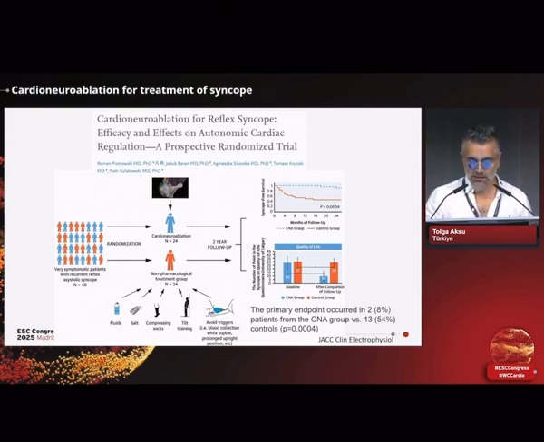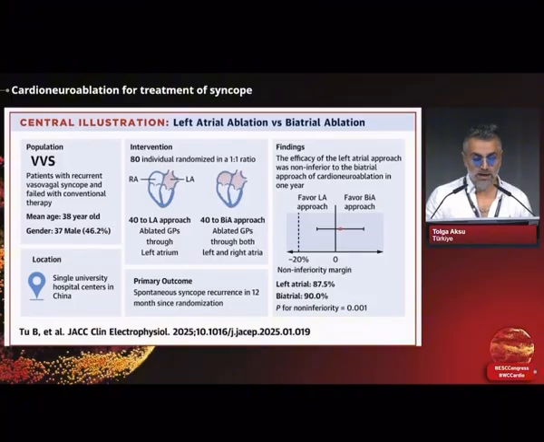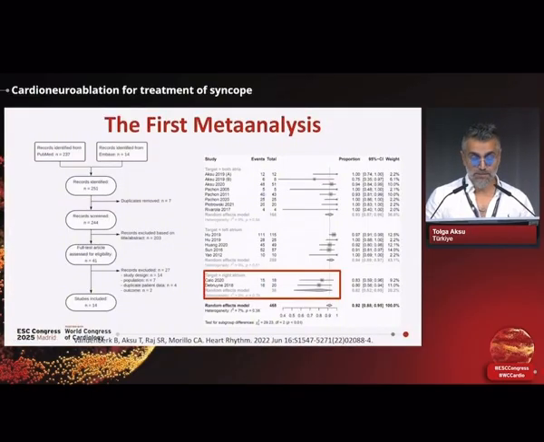You see the number of patients, but at the end of the 2-year follow-up period, the primary endpoint occurred in only 8% of patients in the CNA arm, but in 54% in the control arm. This is another randomized controlled trial, but not a sham-controlled study, that compared biatrial ablation and left atrial ablation, but the success rate, syncope-free survival, was higher than 90%.